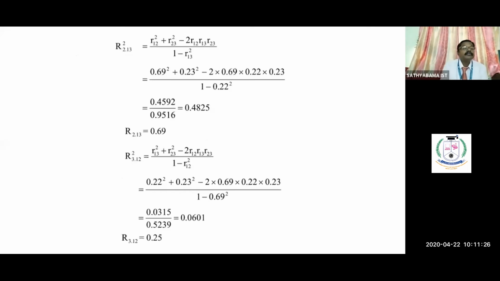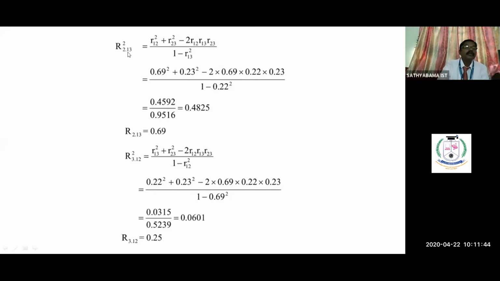Then we have to calculate the effects R2.13 and R3.12. The same way, you can calculate R2.13 by definition. R12 is nothing but this one. R21 is nothing but the same as R12.